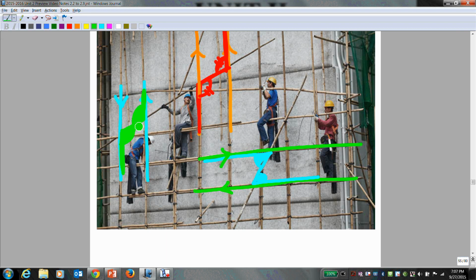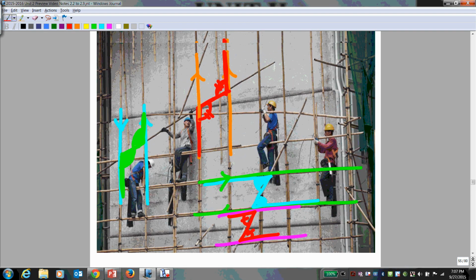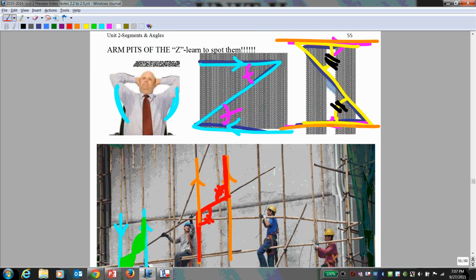So there's lots of examples you should watch out for. There's parallel lines, and you can do armpits of the Z this way. All of these are congruent when you have parallel lines. By far the most common. Watch out for those sweaty, hairy armpits of the Z.